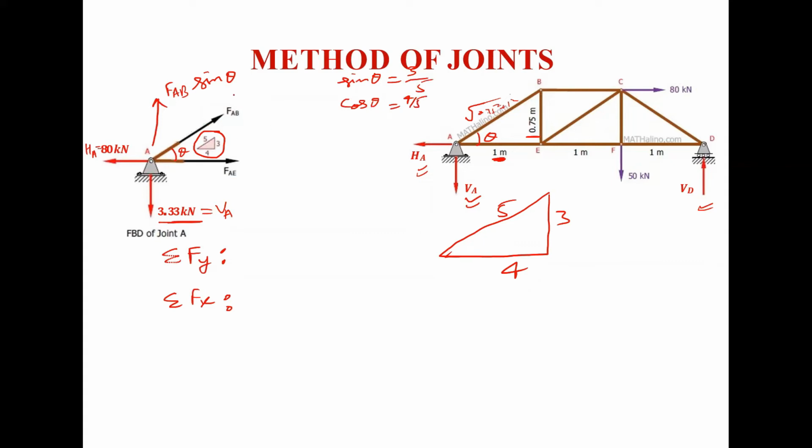So FAB sin theta. Now balance the vertical forces. What will we get? FAB into sin theta, which is 3/5, minus 3.33 is equal to 0. So FAB will be equal to how much? It will come to around 5.56 kilonewton. You can solve and check.